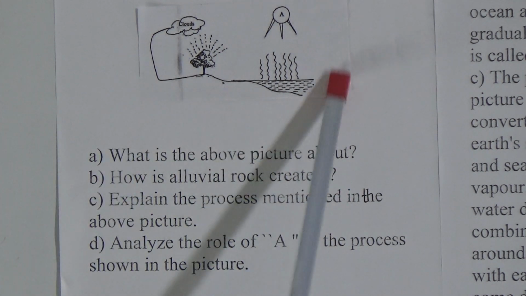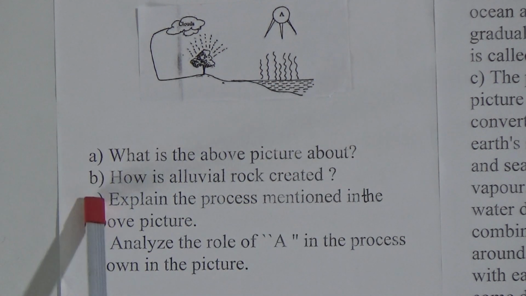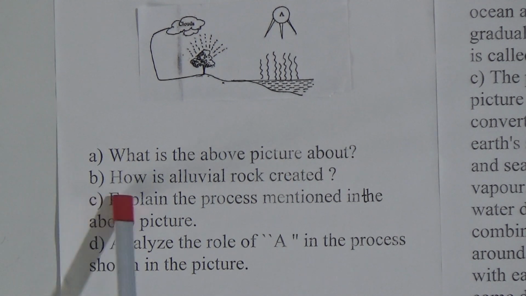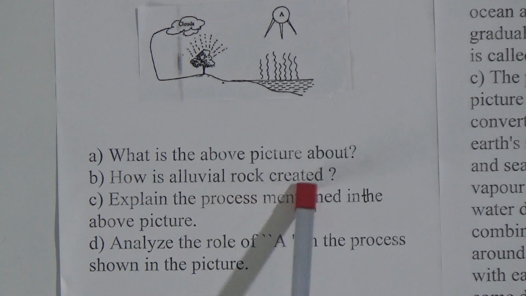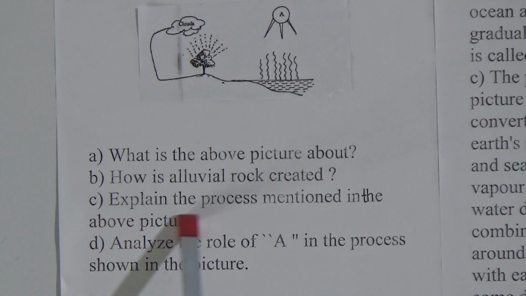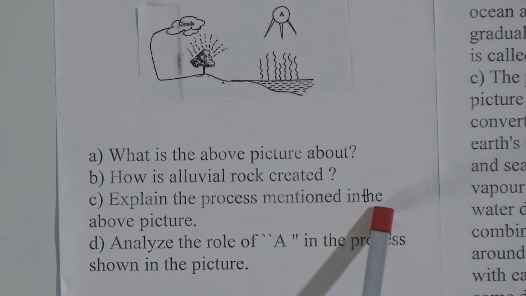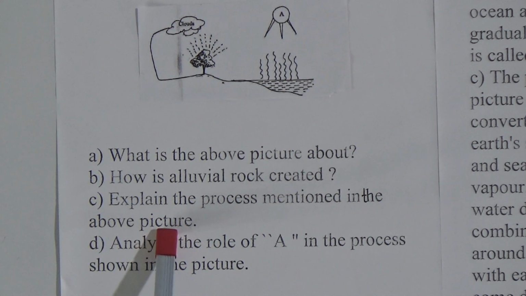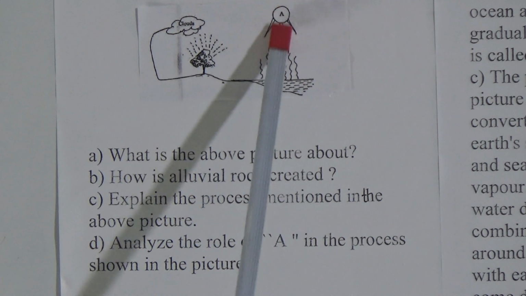And B number question is, how is alluvial rock created? C number question is, explain the process mentioned in the above picture. And D number is, analyze the role of A in the process shown in the picture.